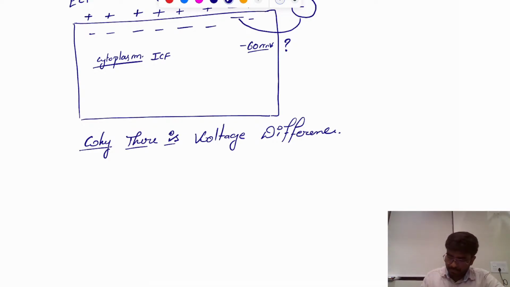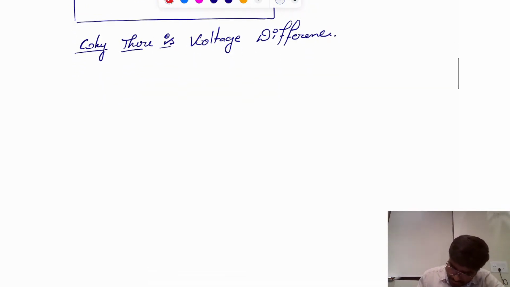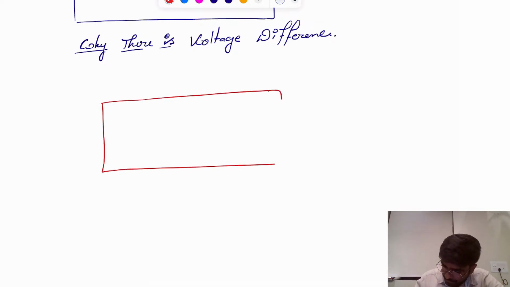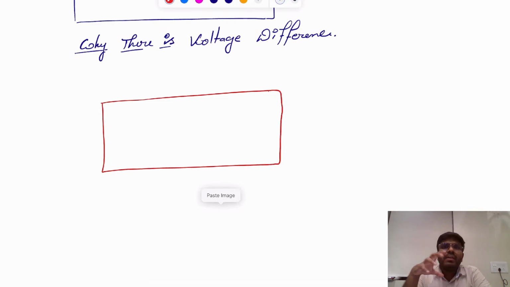Let me tell you one thing. In your first year, you should know, imagine this is one cell. Nature has made our cells and tissues in such a way, and this is very interesting. As you studied in class 10th, 11th, and 12th, life originated in the seas.